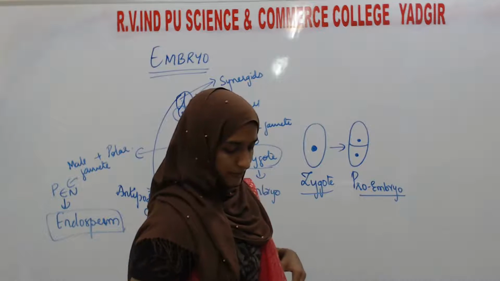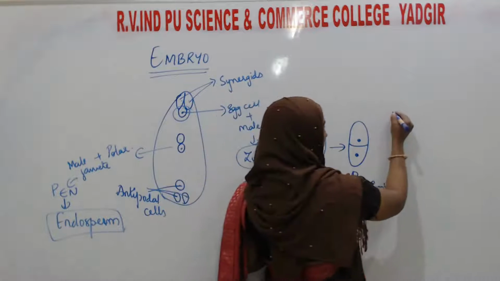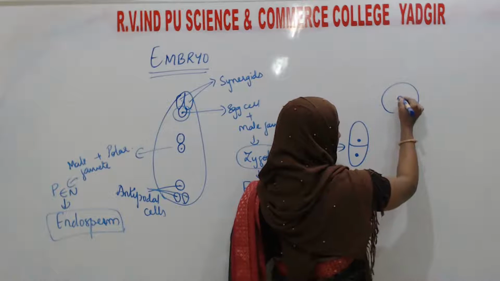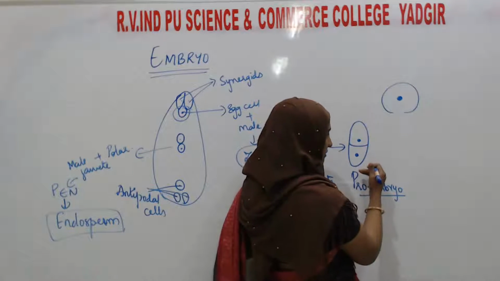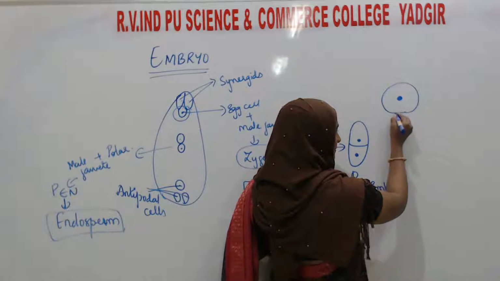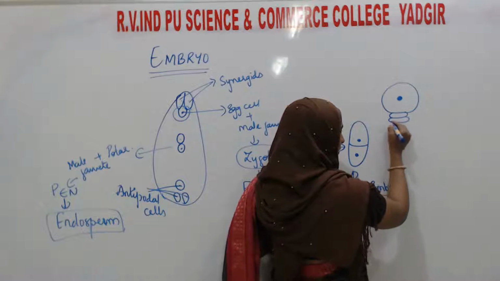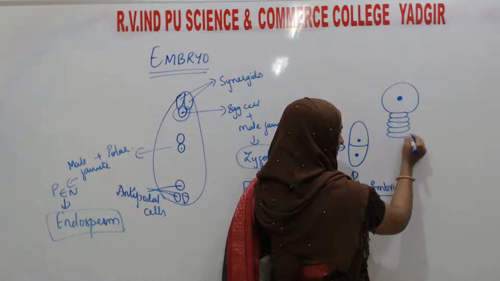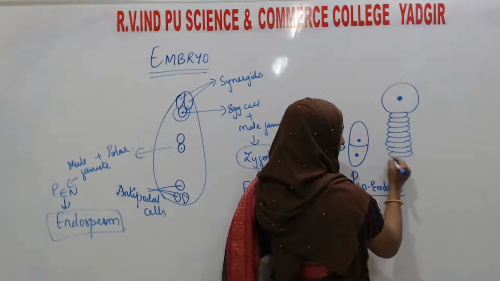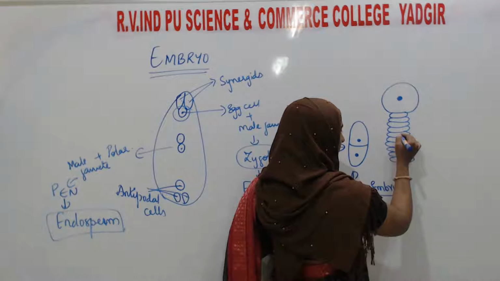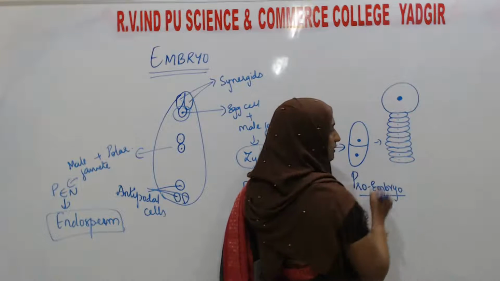The next, what happens is, one cell, the cell which is present at the bottom region, starts dividing transversely. It will start dividing transversely and making a cell wall in the transverse form.